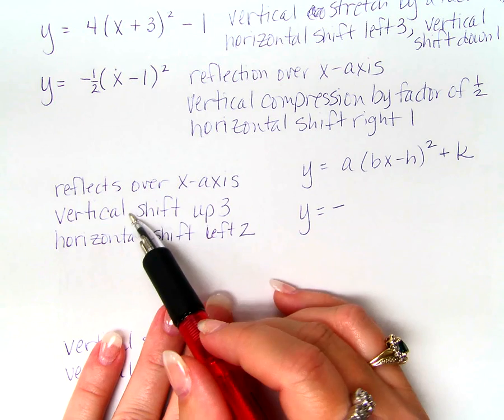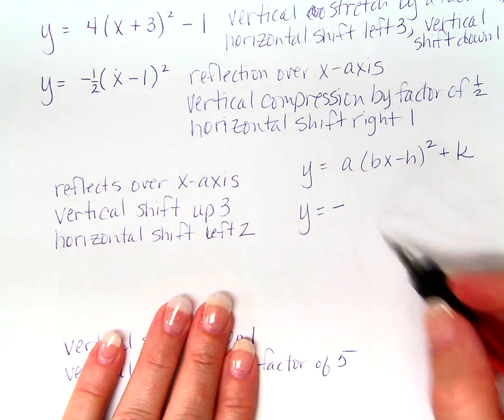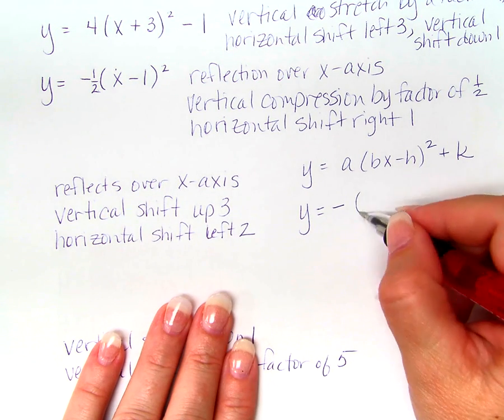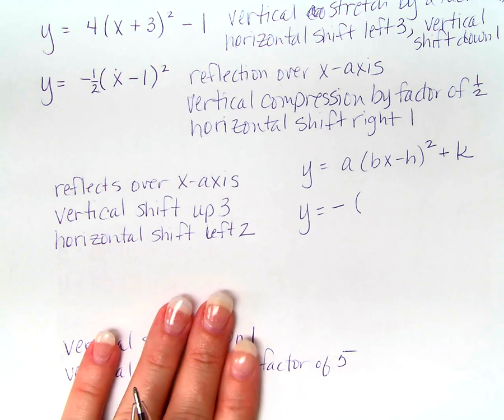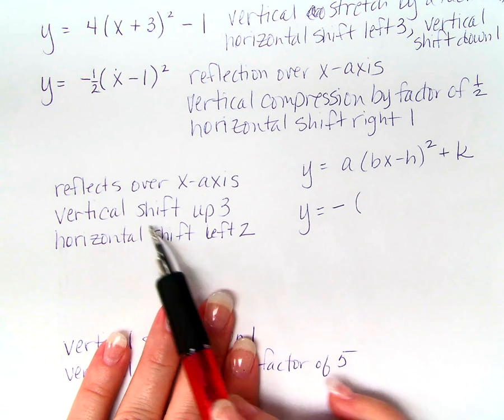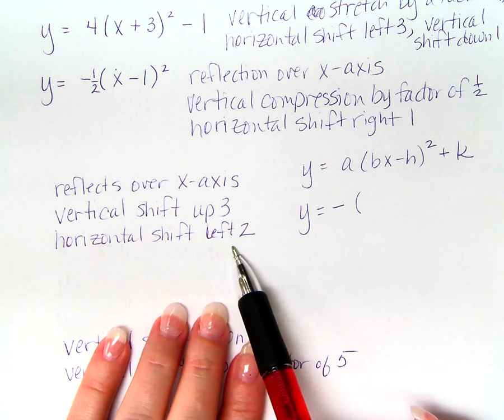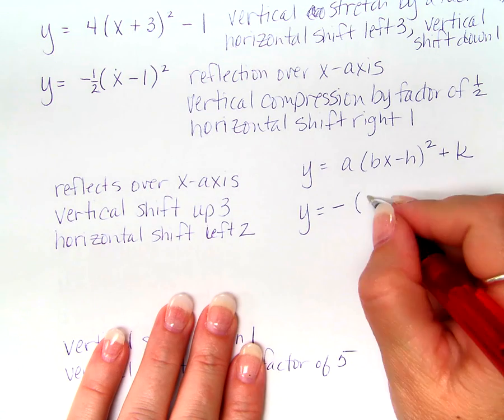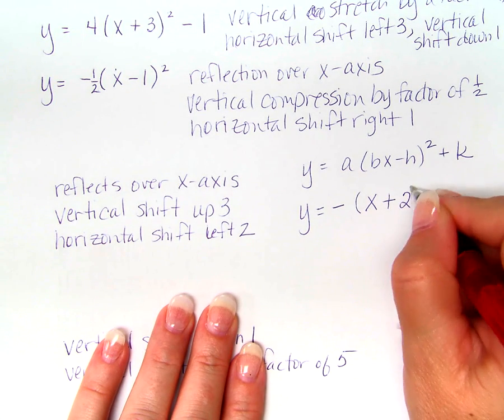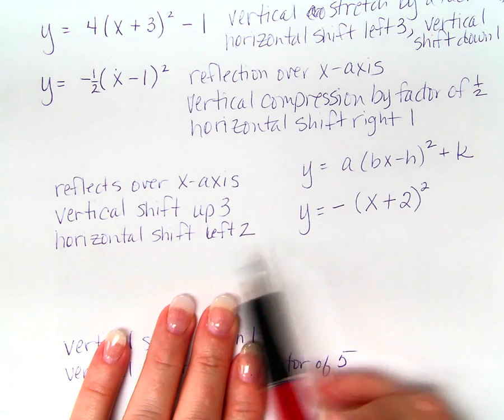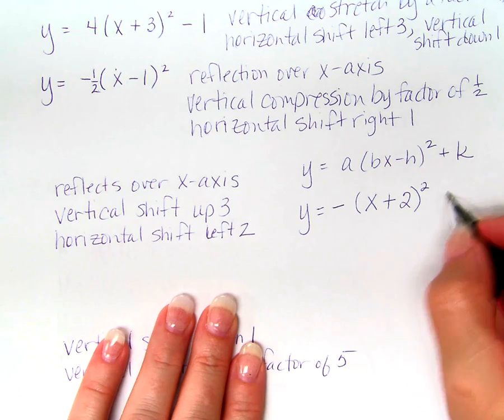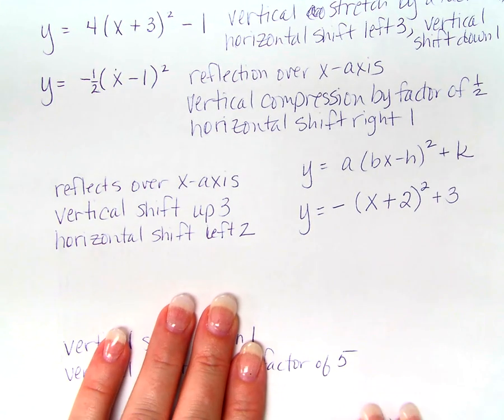There's no compression or stretch here, so I don't have a value for a, and I don't have a value for b. I do have a horizontal shift going left 2, so I should have (x plus 2) squared. And then I have a vertical shift up 3, so plus 3.